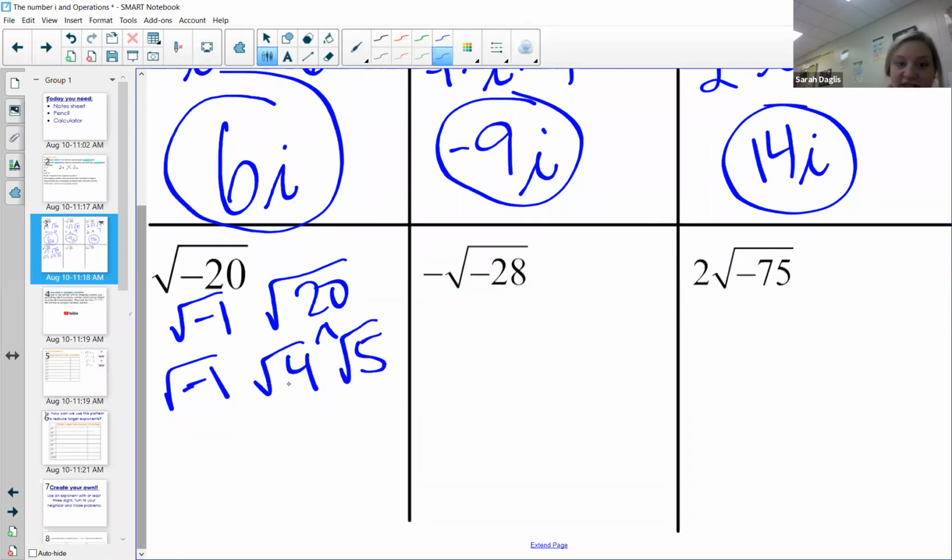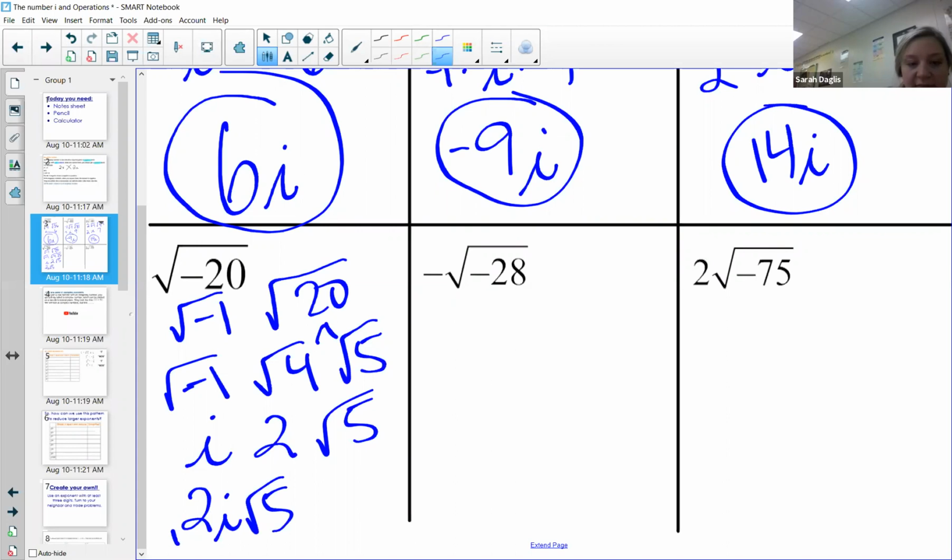Now I have a perfect square. The square root of -1 is i. The square root of 4 is just 2. And the square root of 5 just stays the square root of 5. So our answer becomes 2i square root 5, like that.